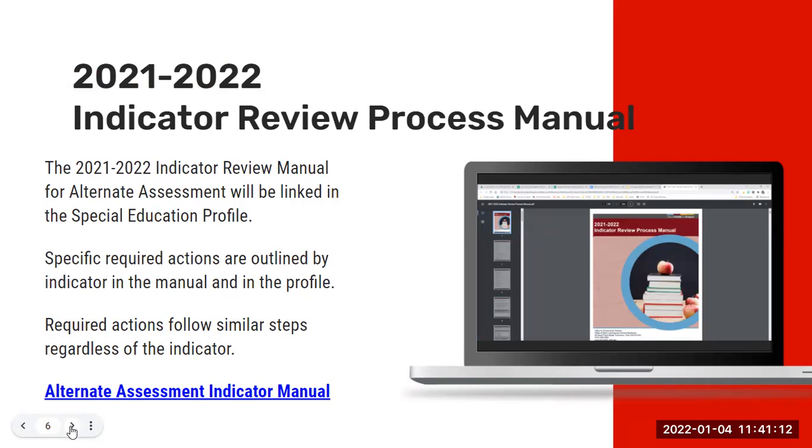So you would have probably watched an overview this morning of indicators in general. They all pretty much follow the same process. And the link below, alternate assessment indicator manual, if you click on that, that'll take you to the section on indicator 3B, alternate assessment.